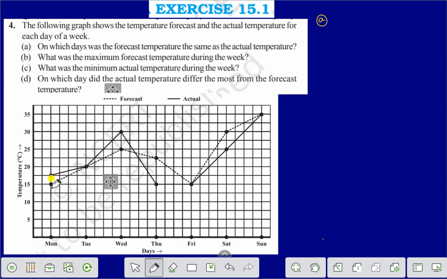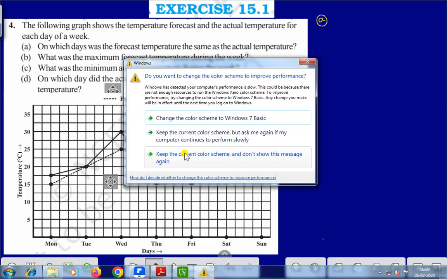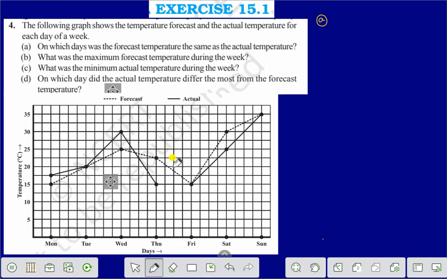Here you see this is the forecast temperature and this is the actual temperature, right? We'll find that what is the question? The question is on which days was the forecast temperature the same as the actual temperature?